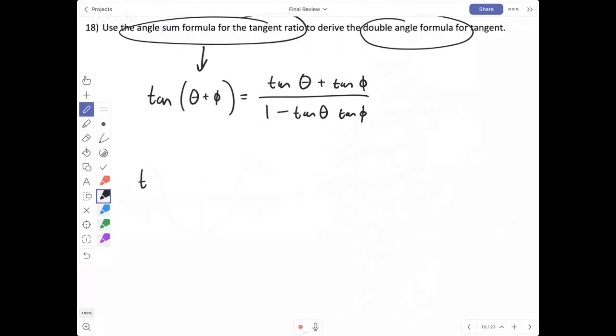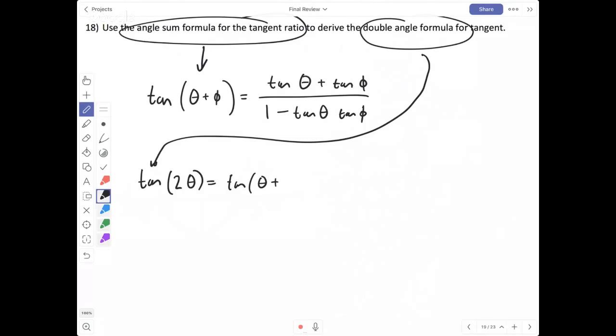Okay. And then if you want to get the double angle formula, well, the double angle formula is for tangent 2 theta, which would just be the same as tangent of theta plus theta. So we can apply our angle sum formula and plug in theta and theta. So I'm going to get tangent theta plus tangent theta, because I'm plugging in theta in place of phi, over 1 minus tangent theta tangent theta.